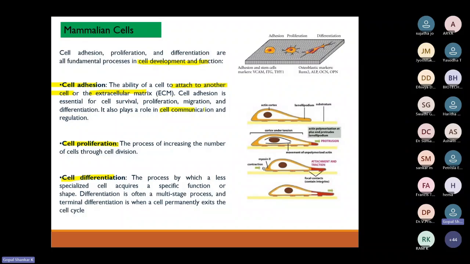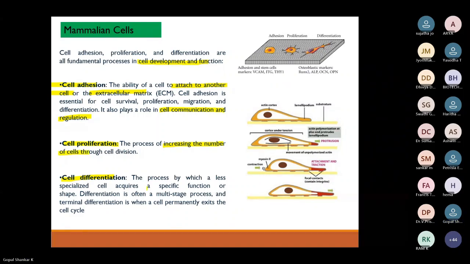This is also very important when the cells communicate with each other and elicit a particular biological response. Cell proliferation is nothing but cell division, which is basically an increase in cell number. Differentiation is a process where cells become specialized, and they have to attain a function in a particular lineage.